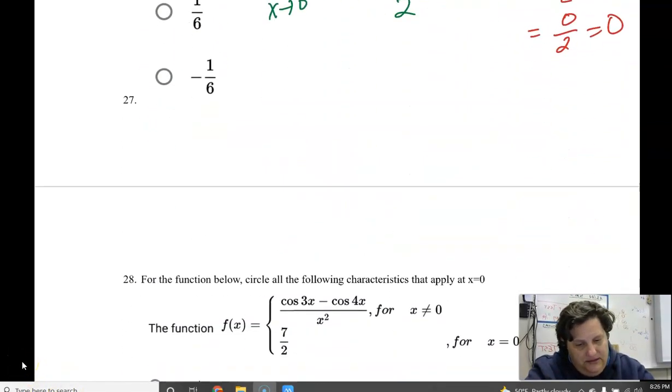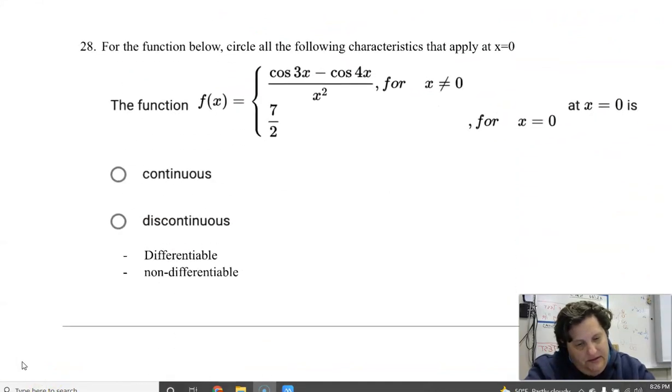All righty, let's look at this. Oh, it actually is a L'Hopital question, I think. Well, we want to know if it's continuous or not. We'll also talk about if it's differentiable or not, okay? But first, let's see if it is continuous. How can we tell? Well, I would plug in 0 here.